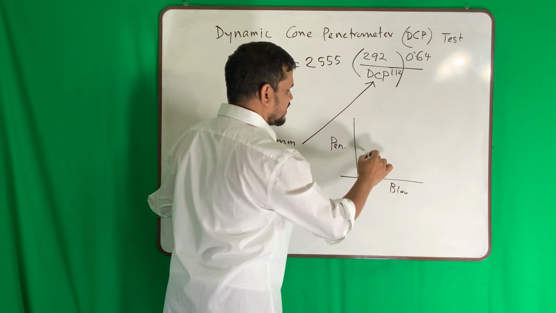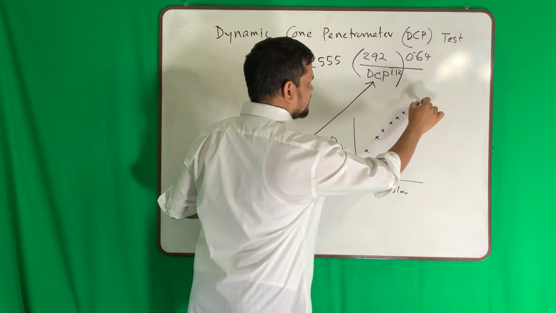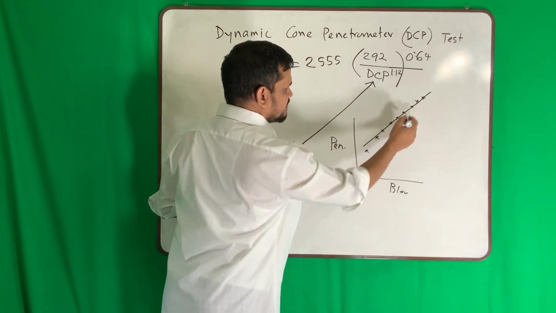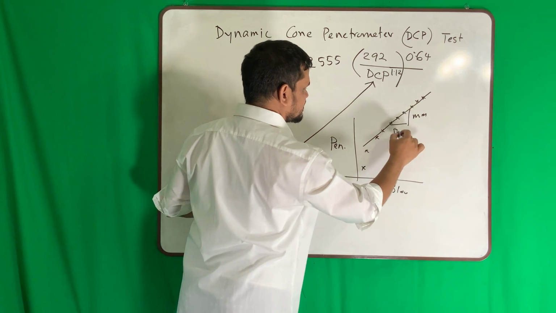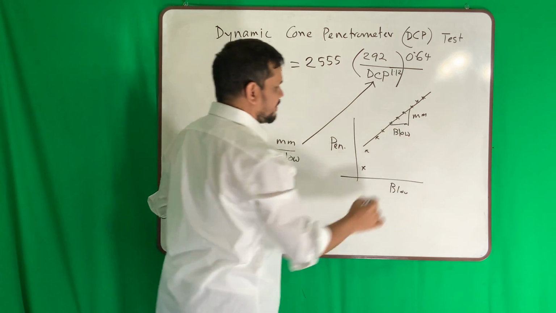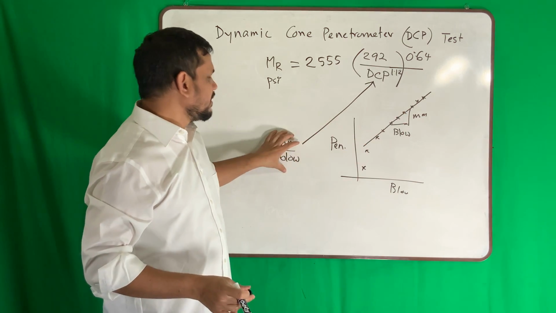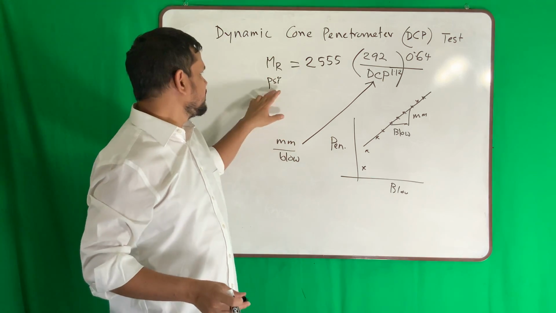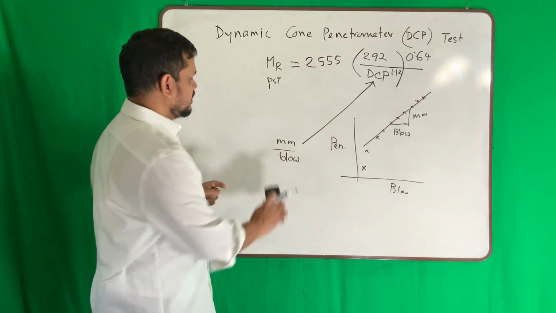At the beginning it is typically like this, very high, but after some time the slope, in millimeter per blow, becomes stable. We get this stable number and place it here. We get the resilient modulus in PSI. So the ultimate target is finding resilient modulus.